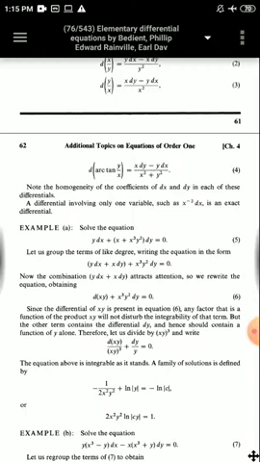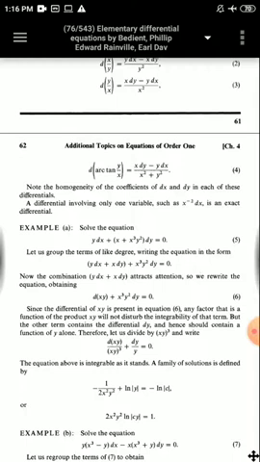Therefore, let us divide by xy cube and write d of xy upon xy cube plus dy upon y equal to 0. The equation above is integrable as it stands.